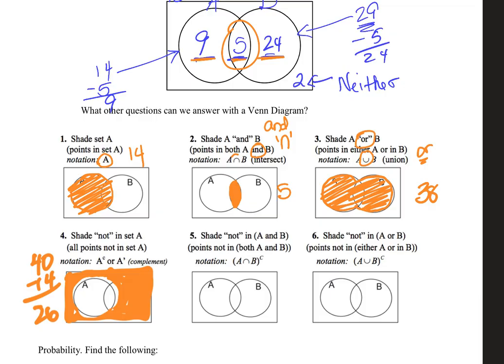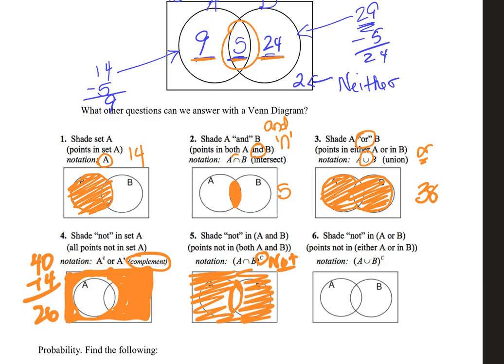Not in A and B. When you're doing a not situation like this, this C right here stands for not, or the complement, which means everything that isn't in what we say. So we find out what that is. The overlap is here, and then not would be all the ones on the outside.